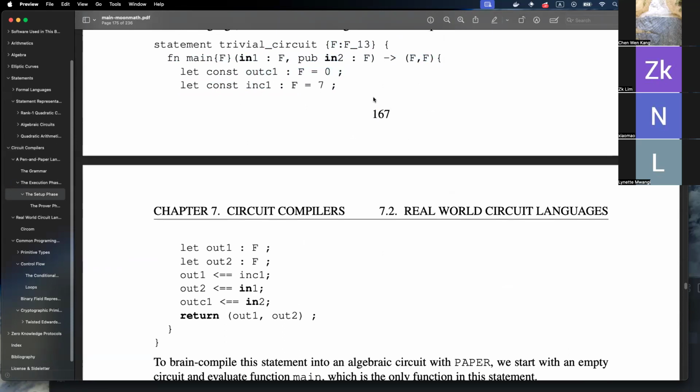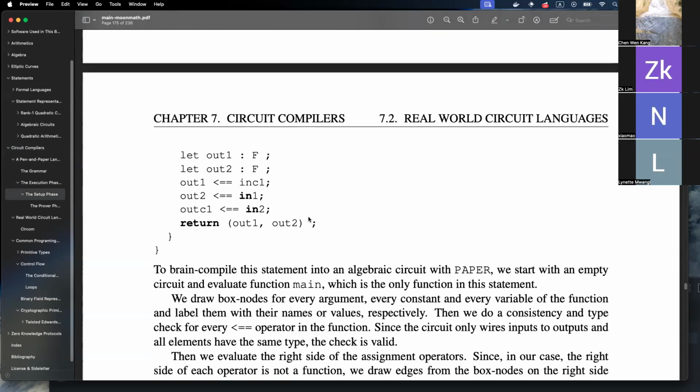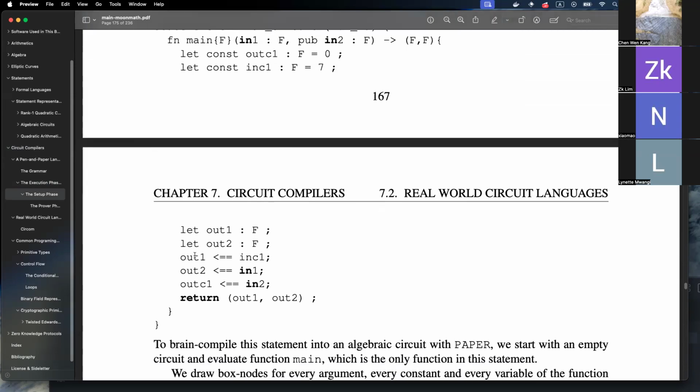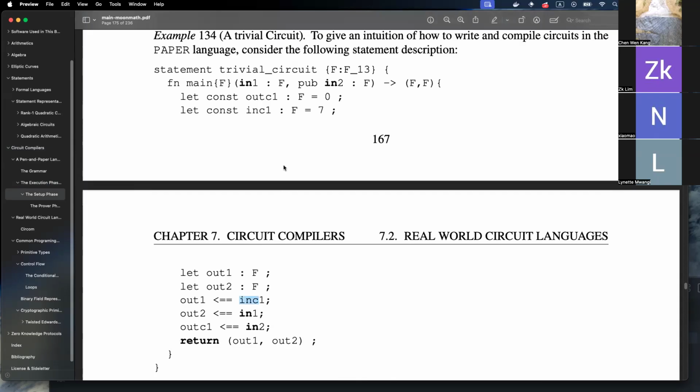We define two constants of type field, 0 and 7, and two outputs, both of type field. Then we assign and constrain this constant to the first output, the first input to the second output, and the constant output is constrained to the second input.